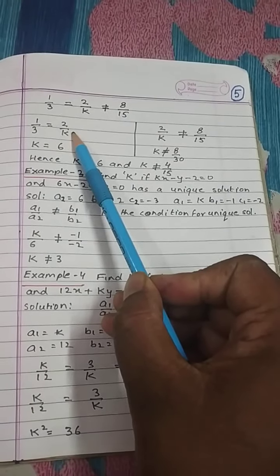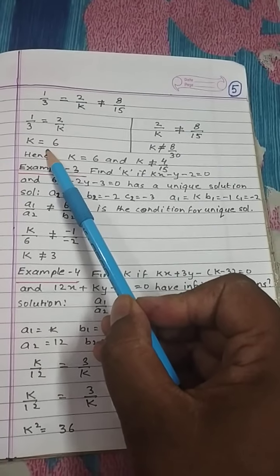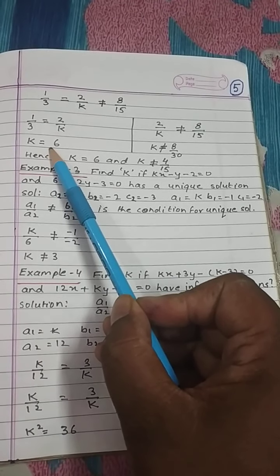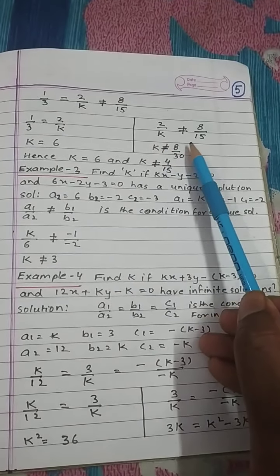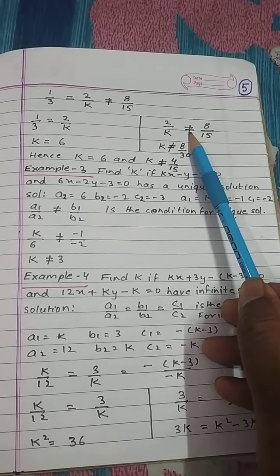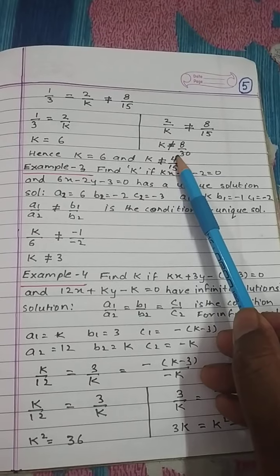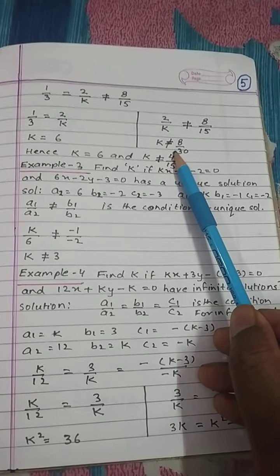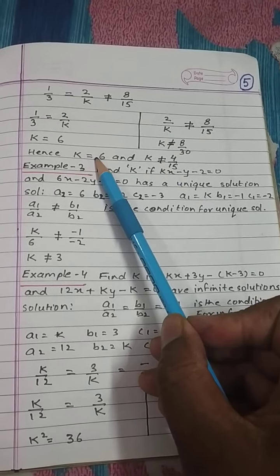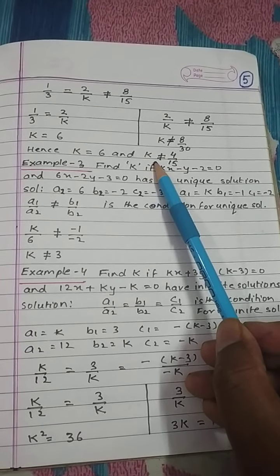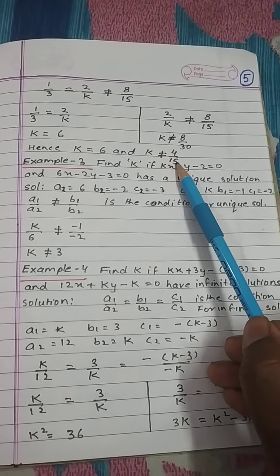Between the first two ratios we have an equality sign, and the value of k is equal to 6. Between the next two ratios there is a sign of not equal to, so we get k not equal to 4 upon 15 on solving. So k is equal to 6 and k is not equal to 4 upon 15.